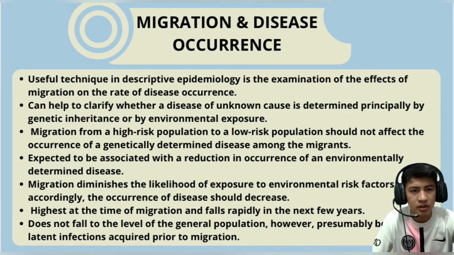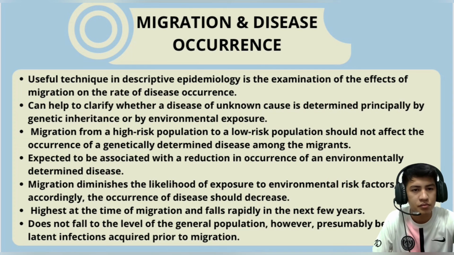If environmental exposures early in life are critical, then the rate of occurrence may not be reduced among the migrants themselves, who were exposed prior to their migration, but should be diminished among their offspring born in the new location.